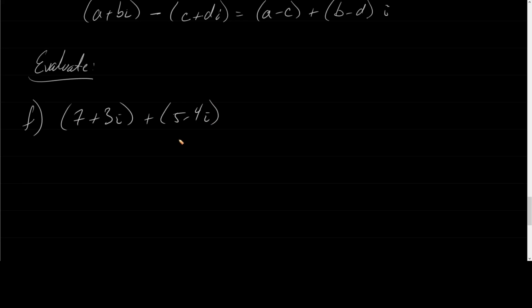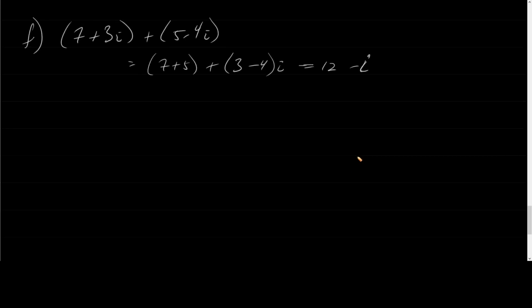Well, what did we say we did? We add the real components, so we have 7 plus 5, and add the imaginary components, 3 minus 4, right? 3 plus negative 4. And 7 plus 5 is 12, and 3 minus 4 is negative 1, so we have just negative i. Done.